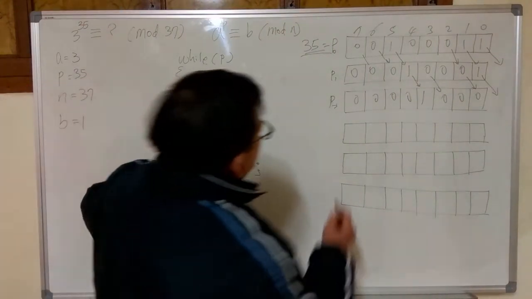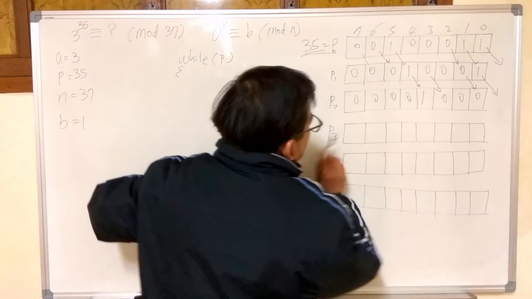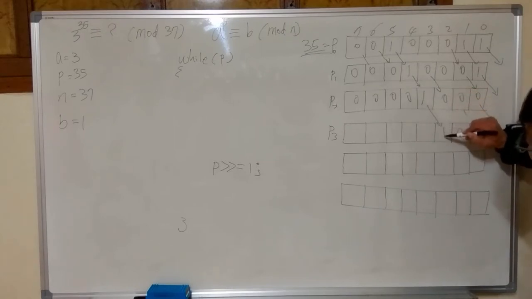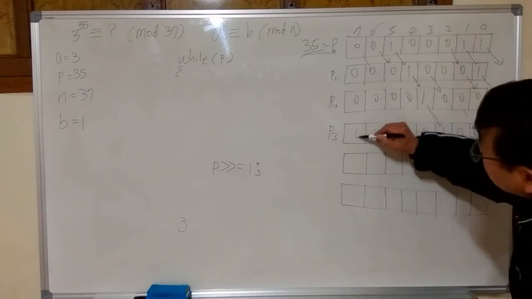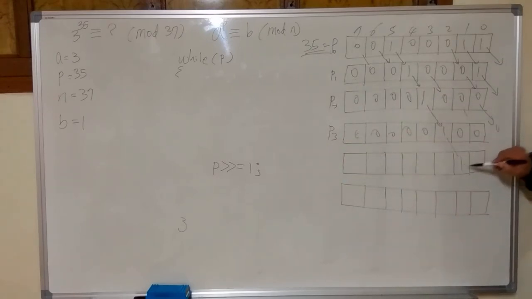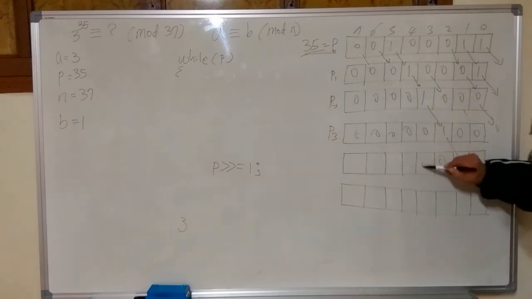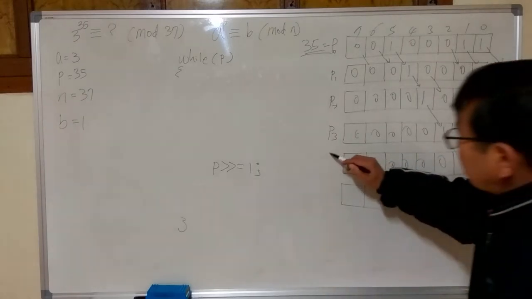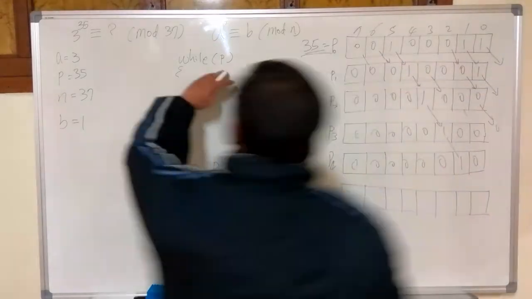It shifts once again. P3, it moves once again, and the bits become 1, 0, 0, 0, 0, 0. Now it loops again, and the value is still not yet 0. P4, P is still not 0.